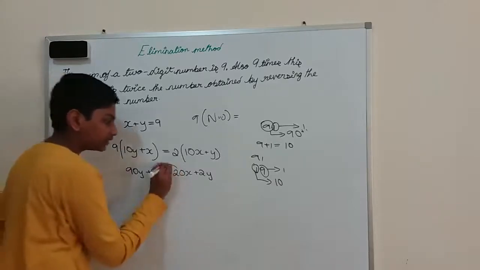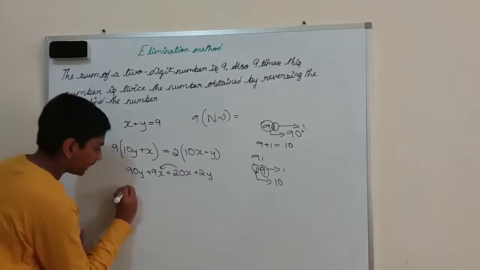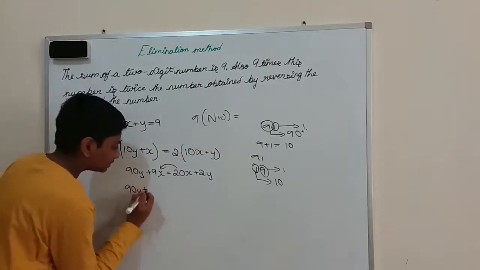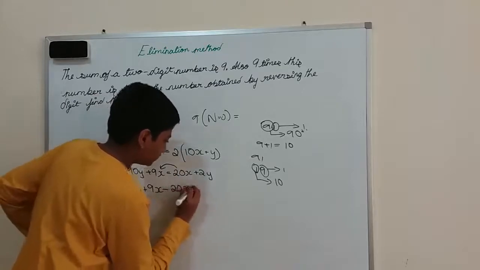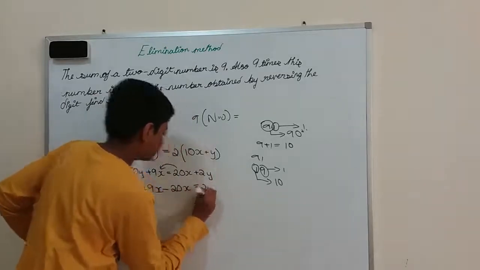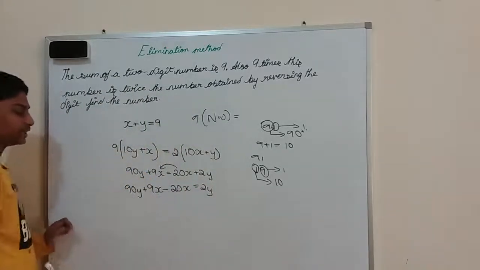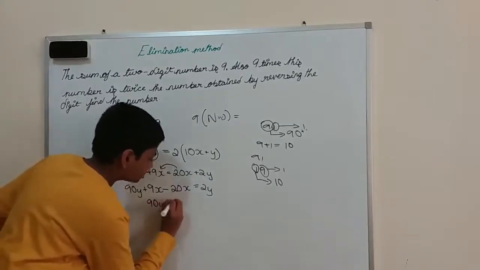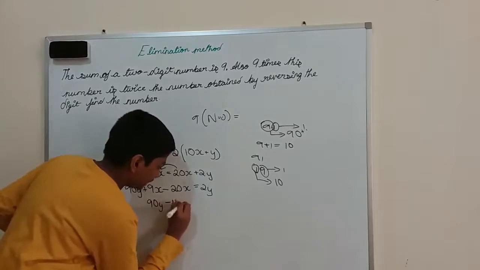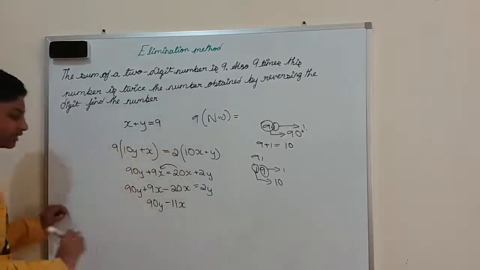When I transfer it this side, 90y plus 9x minus 20x will be equal to 2y. So 9x minus 20x will be minus 11x.